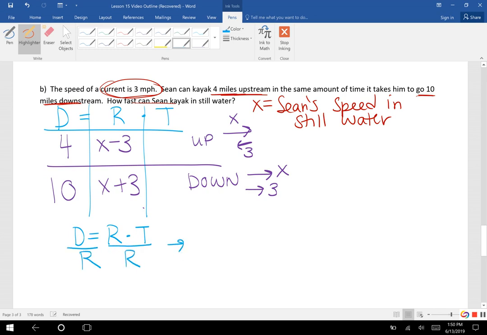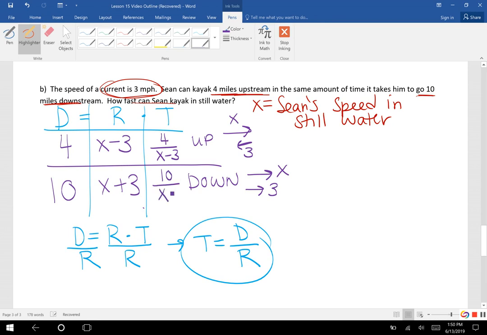Time is distance divided by r. So that means the time upstream would be 4 divided by x minus 3, and the time downstream would be the distance 10 divided by x plus 3. So we got our time using this relationship right here. Time is always going to be distance divided by speed.